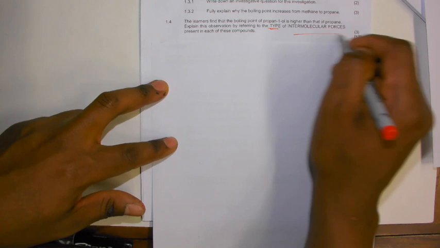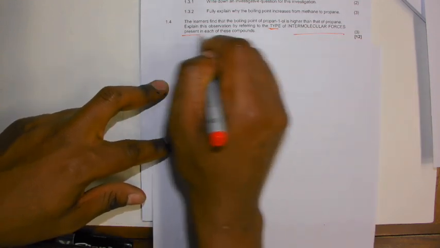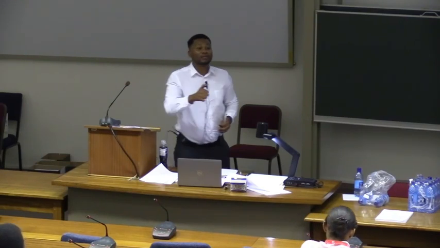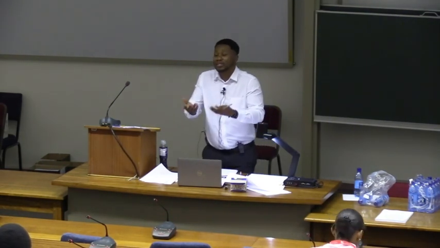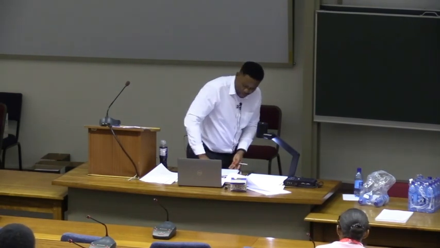So now they say, explain the observations relating to the type of intermolecular forces present in each of the following compounds. First of all, we can say propane is non-polar, right? Propanol is polar. Do you guys understand that? The other one has got London forces because it is a non-polar compound. I'm not going to write this way, I'm just going to speak it through.